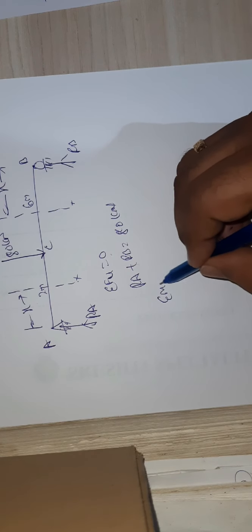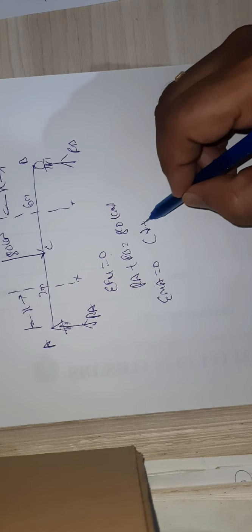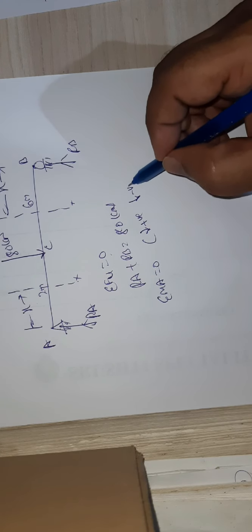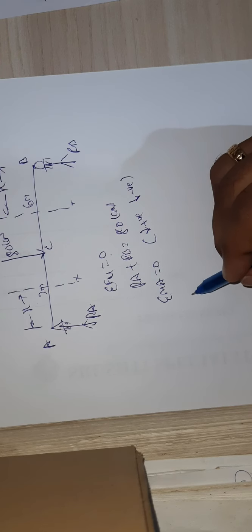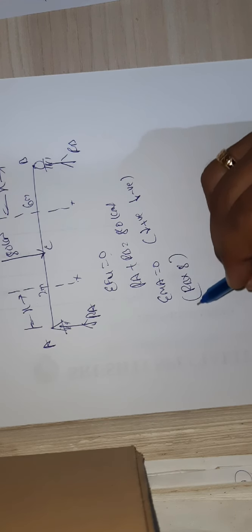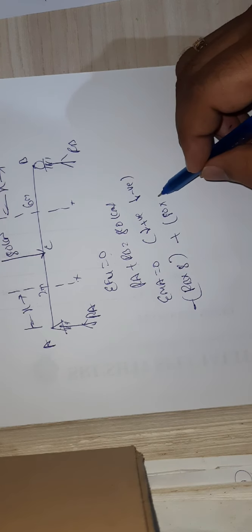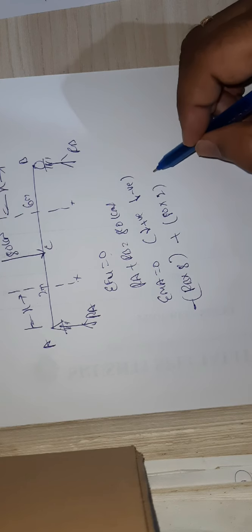Then take the algebraic sum of all the moments, MA at point A equals to 0. Take clockwise as positive, anti-clockwise as negative. So RB into 8 is rotating anti-clockwise, so minus, plus 80 into 2, equals to 0.